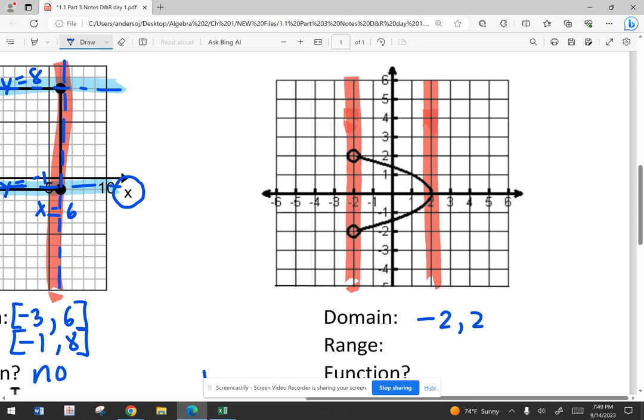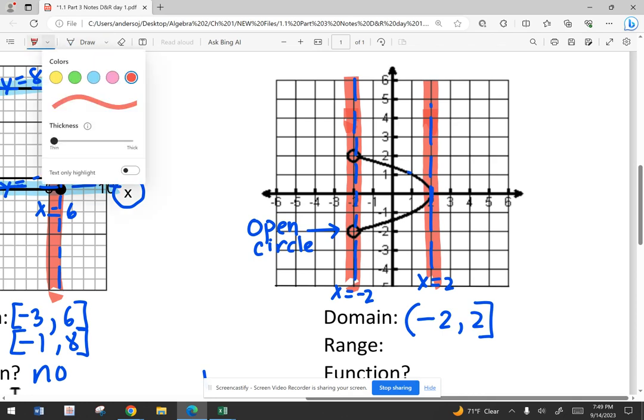Here's where we start to see some open circles. So on this line, x equals -2, it's got an open circle there. This is an open circle. Therefore, we know that we need to use a set of parentheses. This x equals 2, the farthest to the right, it's falling right on that line. So that's going to be a bracket.